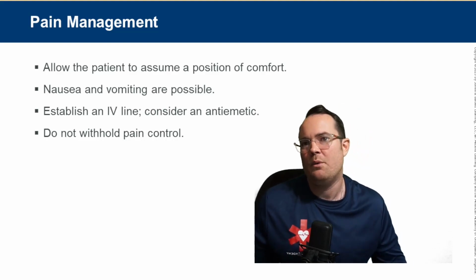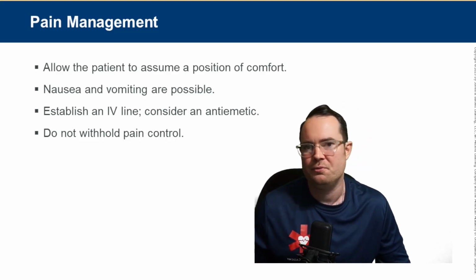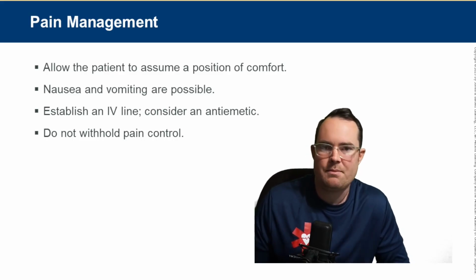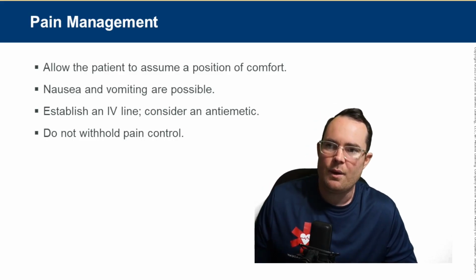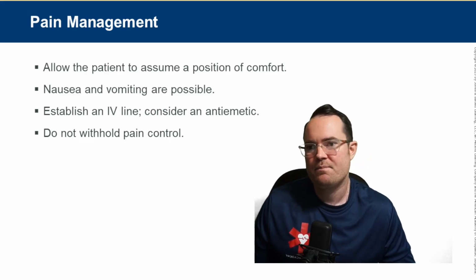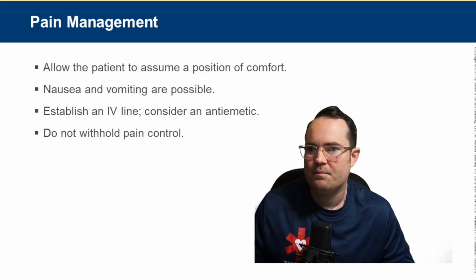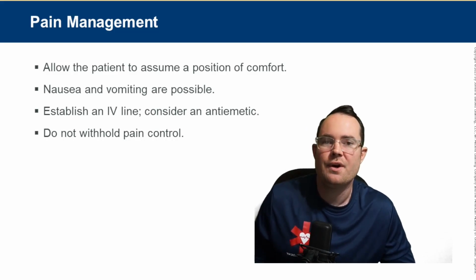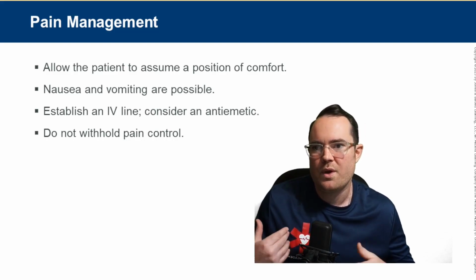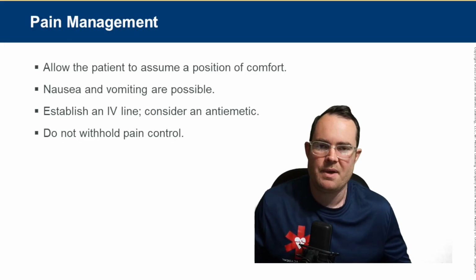The one thing I would like to mention to you is there's a lot of different pain management out there. And when it comes to abdominal pain, maybe renal or GI, urinary issues, we want to know what's causing the pain.